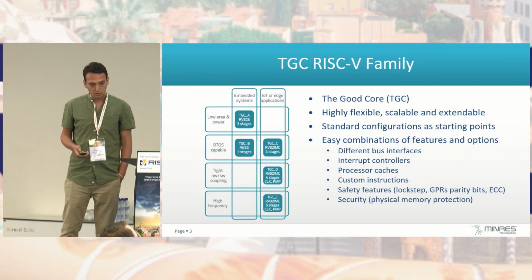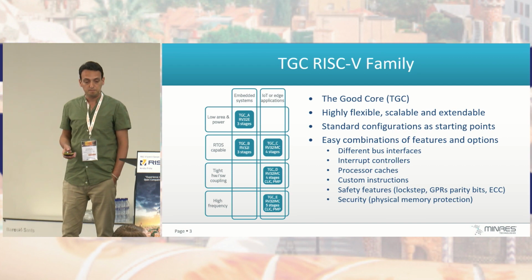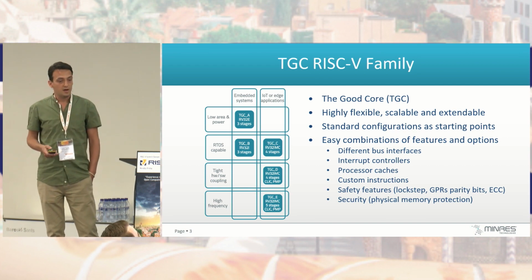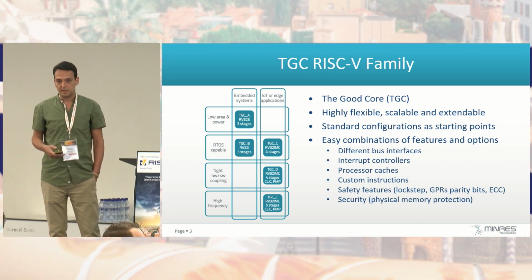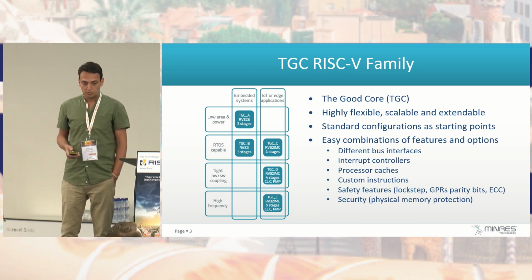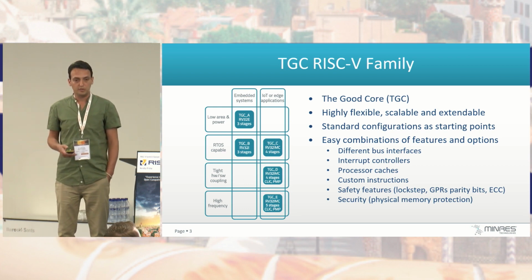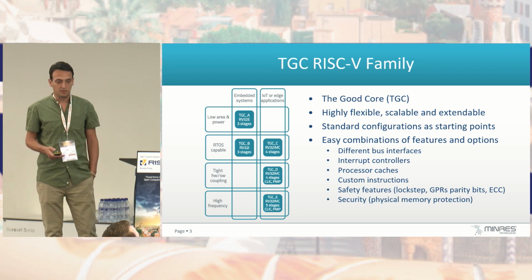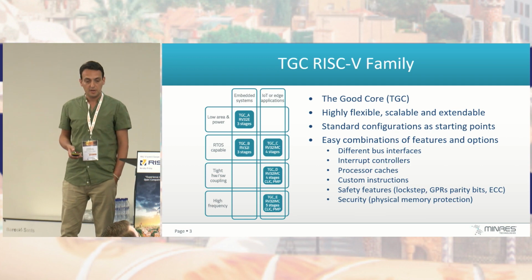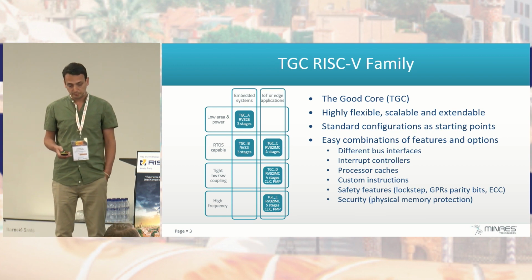So the TGC cores are designed to offer high flexibility, scalability, and extendability. And to simplify the core selection process, we defined 5 standard configurations, which serve as a starting point, building a foundation for definition of the final feature set.